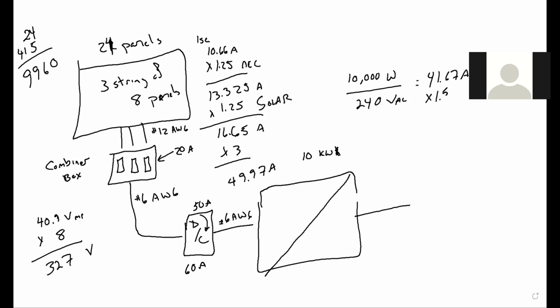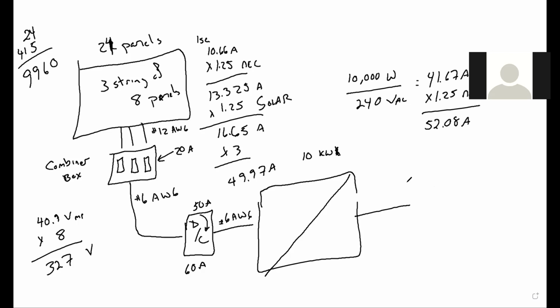But we have to now put in the safety margin again. That's the NEC. So we multiply that times 1.25, and we're at 52.08. Now we don't have to put in the second safety margin because the inverter evens out any of the variability of solar. So now we're only dealing with the one safety margin.